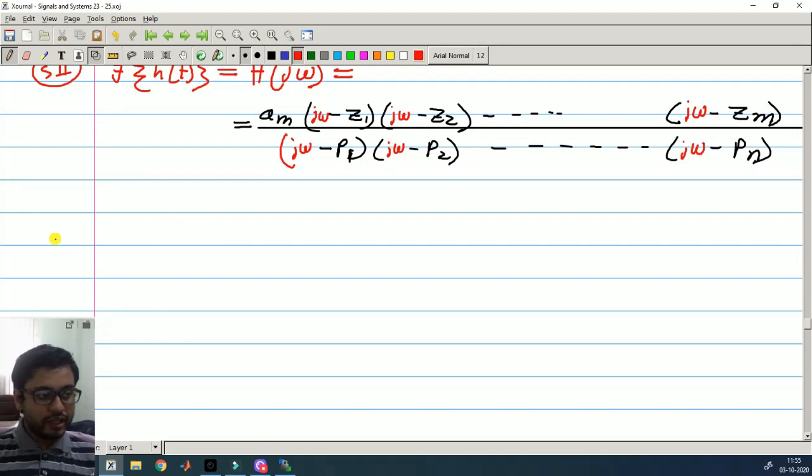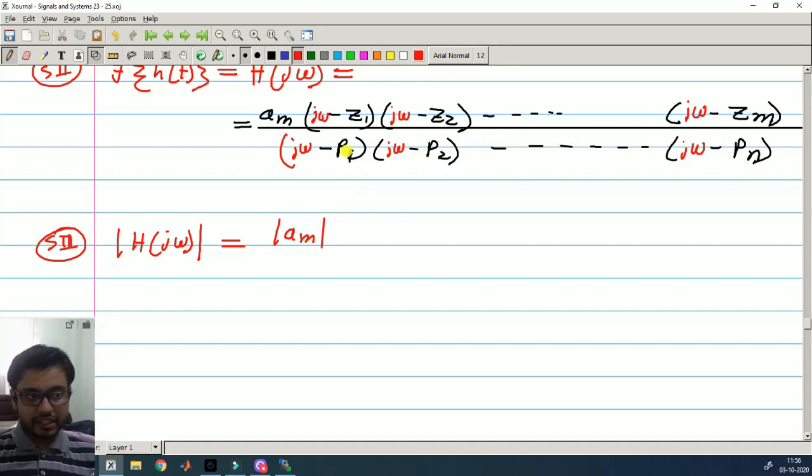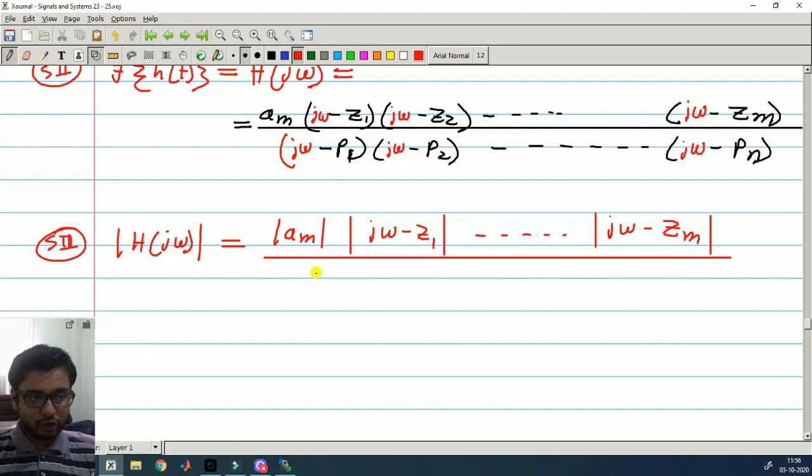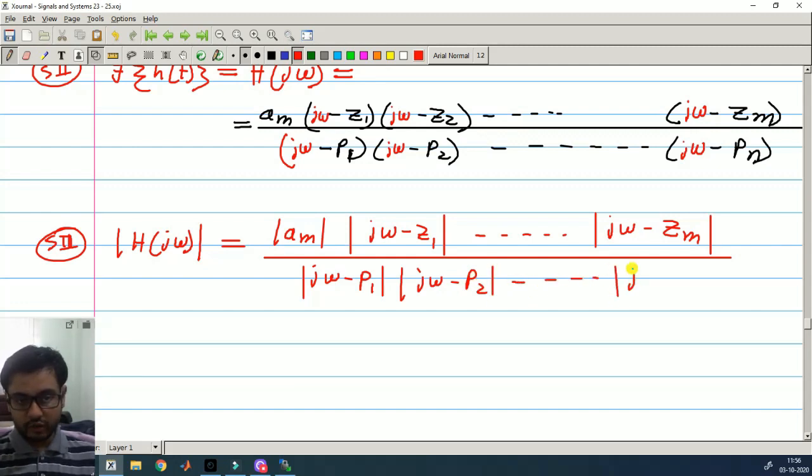Next, step 3, we want the magnitude of H(j omega), that is mod H(j omega), and that is equal to magnitude of a_m, times the magnitudes of these terms j omega minus z1 dot dot dot j omega minus zm, whole divided by the magnitudes of j omega minus p1, j omega minus p2 dot dot dot j omega minus pn.